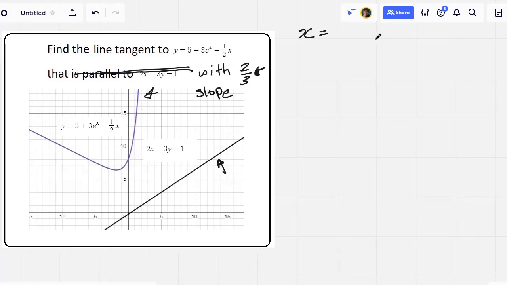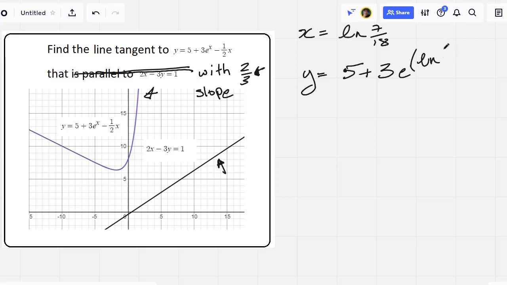So we'll just take note of that. And now we want to know the point on our curvy line where the tangent line that we're after touches the curvy line. So we'll rewrite the curvy line equation, but plug our x value into it.